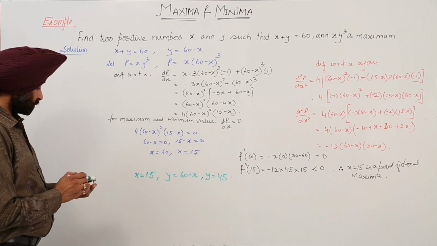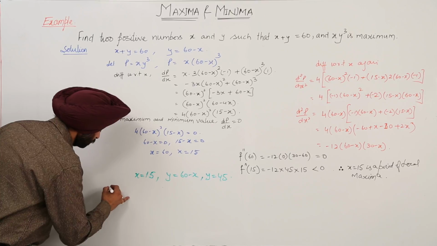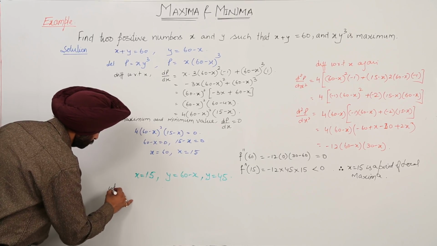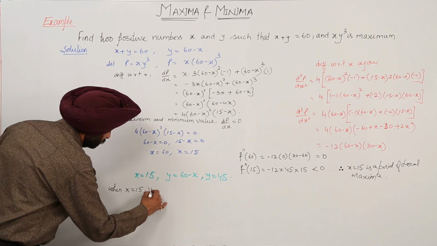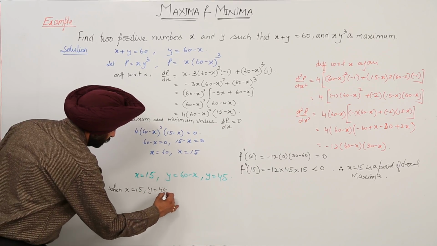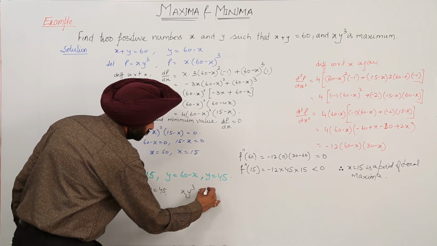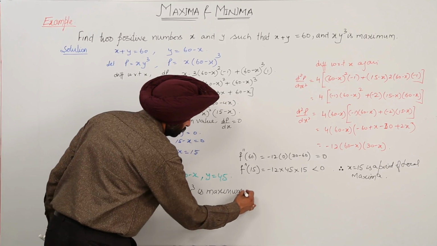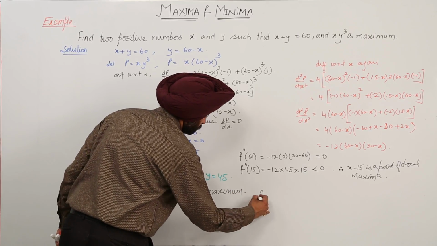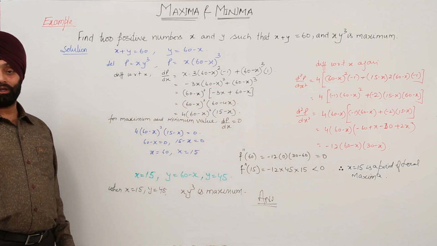Is it clear? So now when x is equal to 15, y is equal to 45, x y cube is maximum. So like this we have to proceed for the double derivative test.